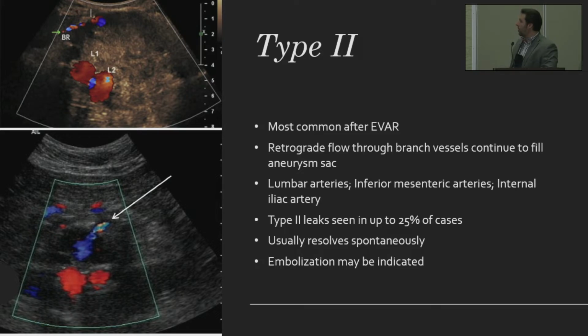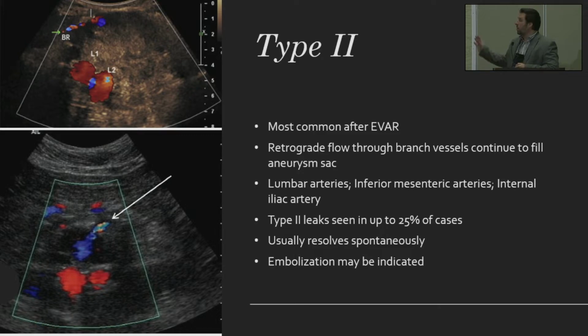It's not always going to be surgically repaired. Sometimes they'll resolve spontaneously, but there are cases where if it's causing a problem, they'll go in and embolize one of those arteries if it's causing too much damage. Type 2 leaks are seen in up to 25% of cases. So between type 1 and type 2, that's 35% there.